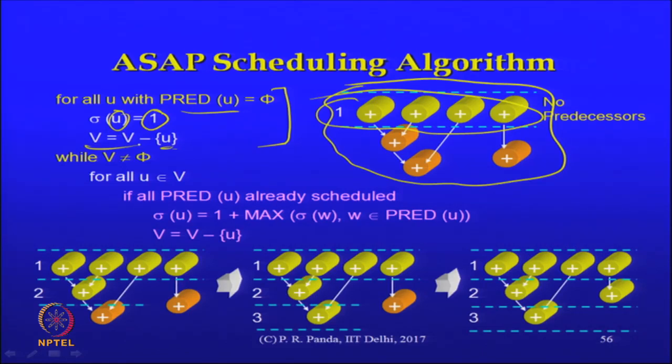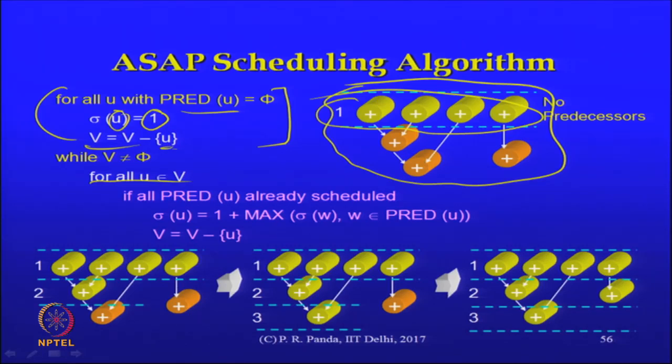Then, having considered u already, I remove u from the set of nodes under consideration. Fine. After that, all I need to do is iterate through the remaining nodes. We have already deleted a bunch of nodes from that set V. For all the remaining nodes, let me just iterate through and check whether all its immediate predecessors have been scheduled or not.